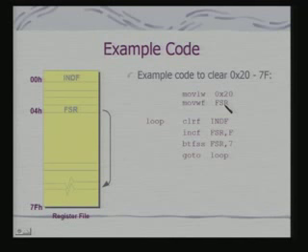Is this clear? So, we are accessing the register INDF, and as we access INDF, we are actually clearing the location pointed to by FSR. The initial location FSR was pointing to 20. So, that location will get cleared, and then you are incrementing FSR and going through the loop.